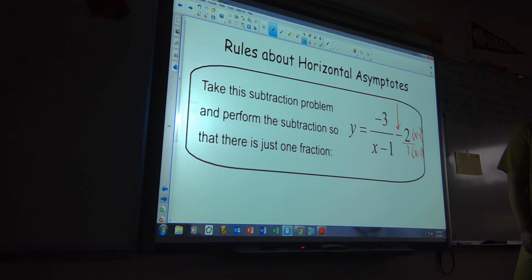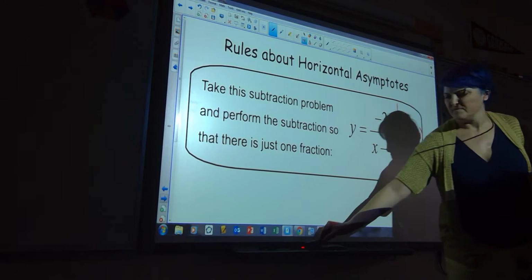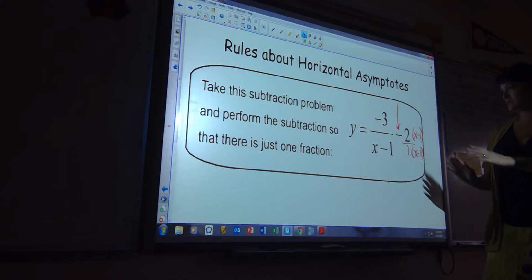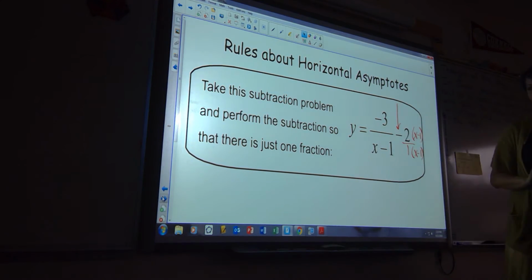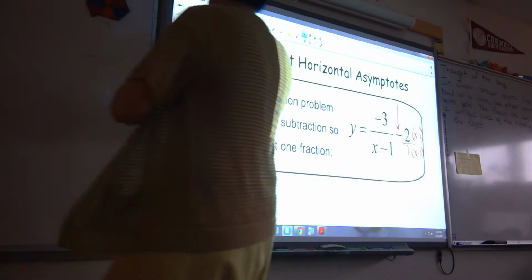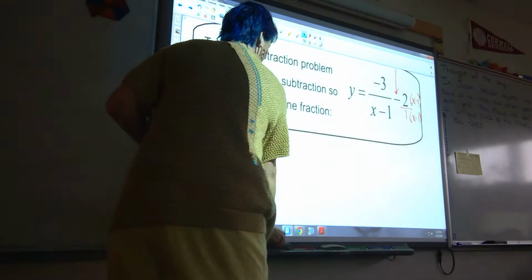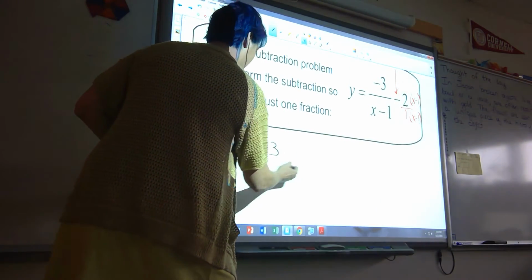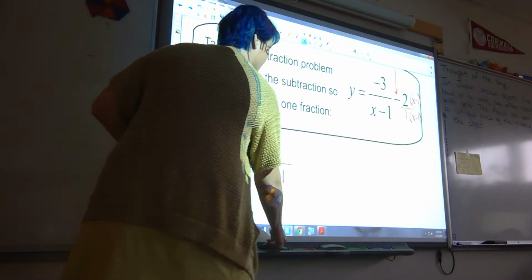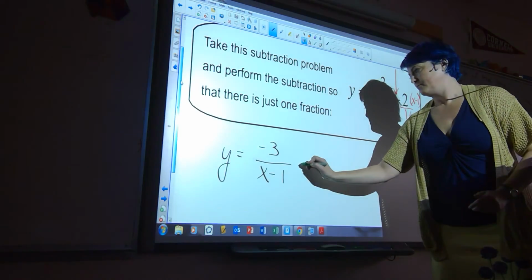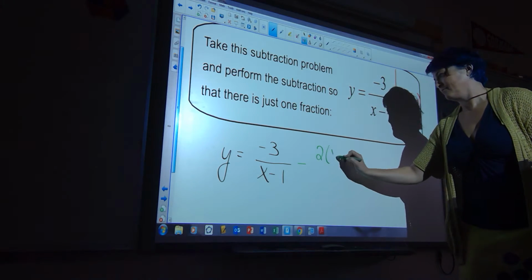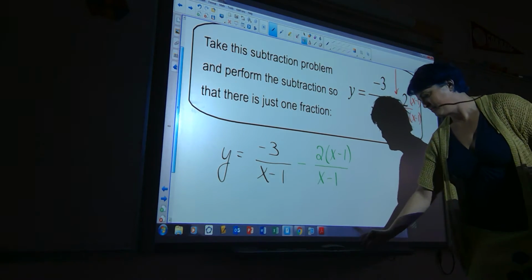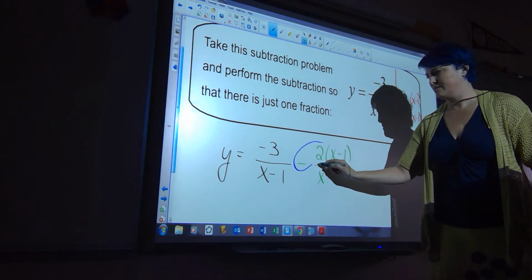So do that right now. Don't even worry about the y or the equals. Just perform this subtraction. Careful with this right here.